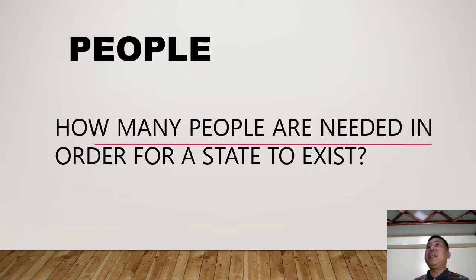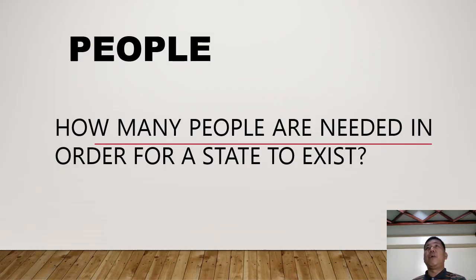Or it could be less than 1,000, such as in the case of Vatican City. Why? In Vatican City, mostly are priests and nuns. They do not copulate and therefore they do not reproduce rapidly, except for the visiting nuns and priests coming from other parts of the globe.